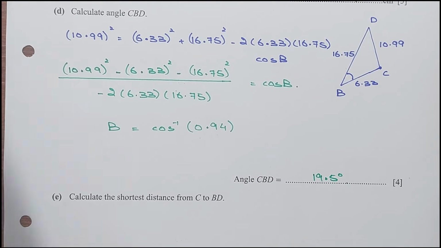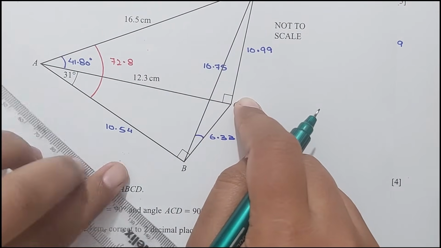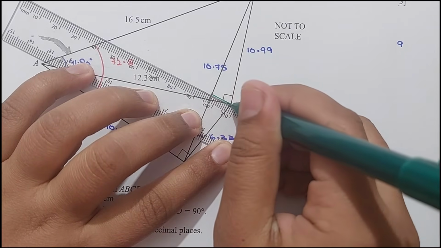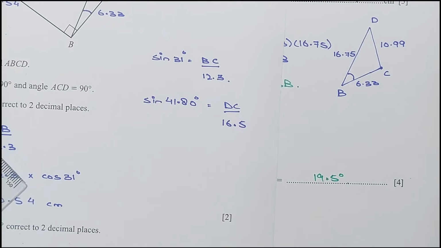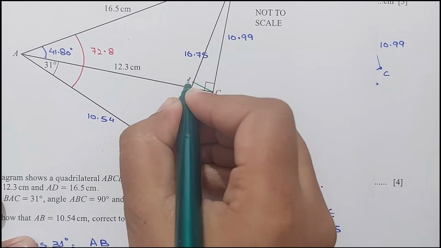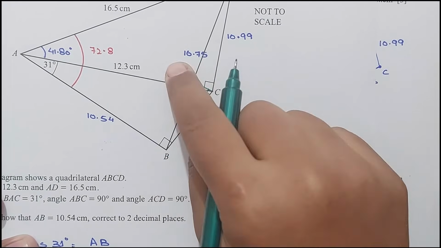Okay. From C to BD. Okay, so we have to draw. The shortest distance is the perpendicular distance, right? So the shortest distance is the perpendicular distance. Let's say this is X, so it should be perpendicular, the triangle BCX.